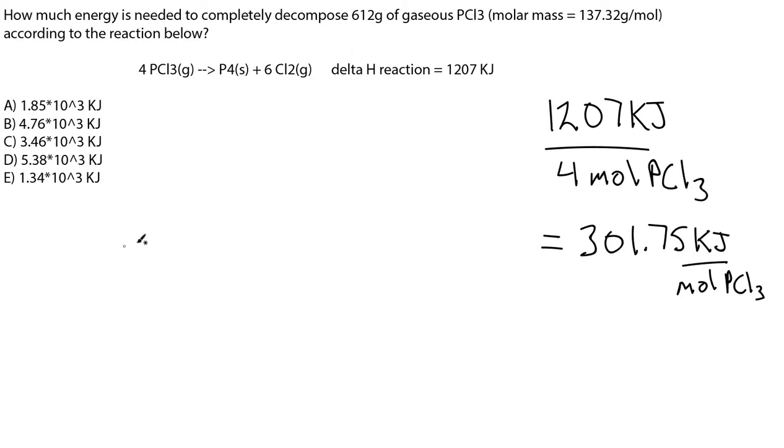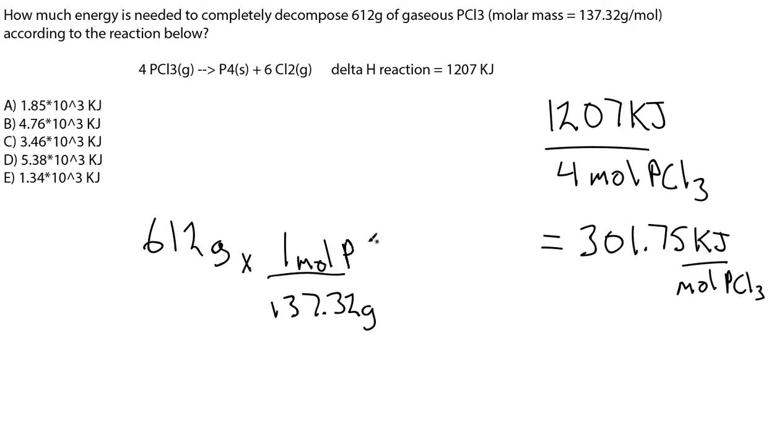So what we're going to do here is we are given 612 grams, and for every 137.32 grams there is 1 mole of PCl3.